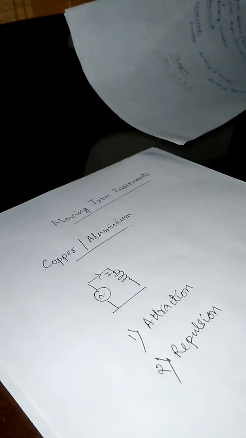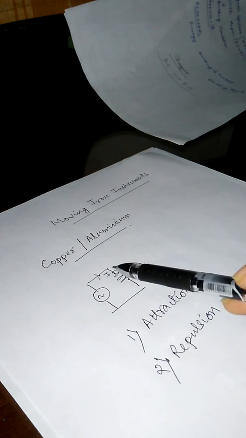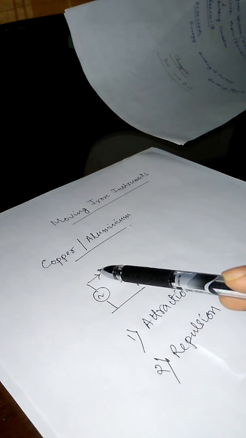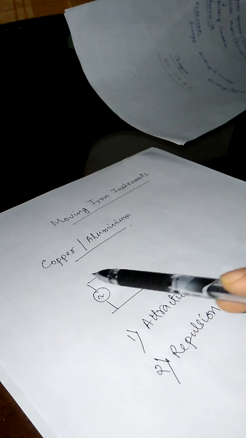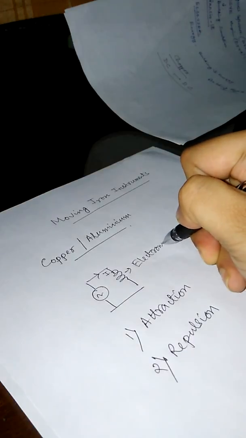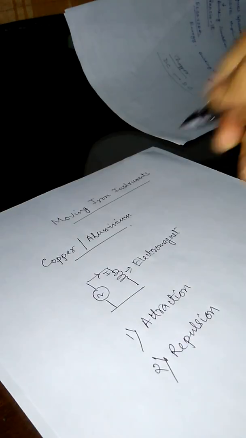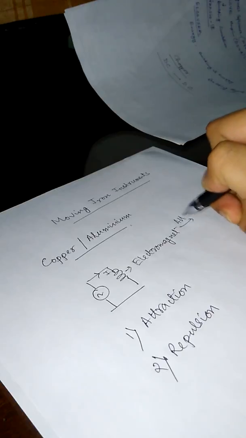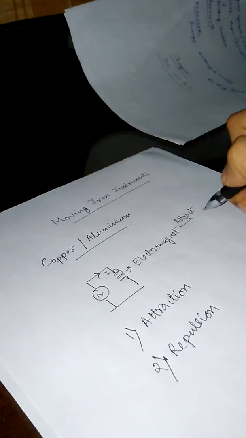For this reason, when we previously discussed the construction and the working principle, we mentioned that current goes to the coil. This is going to be an electromagnet, and that electromagnet is going to attract the iron.